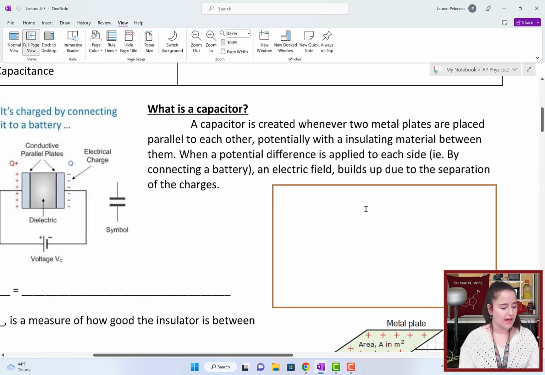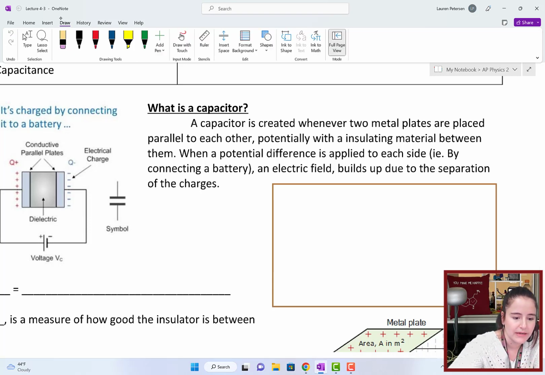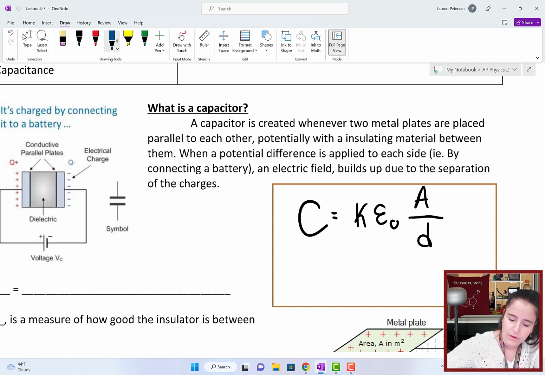The equation for capacitance related to its properties is that the capacitance equals kappa epsilon naught A over D, okay, where C is, of course, the capacitance.